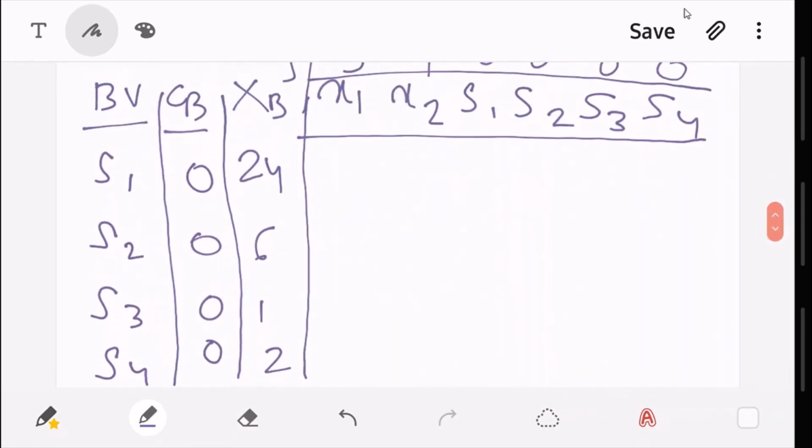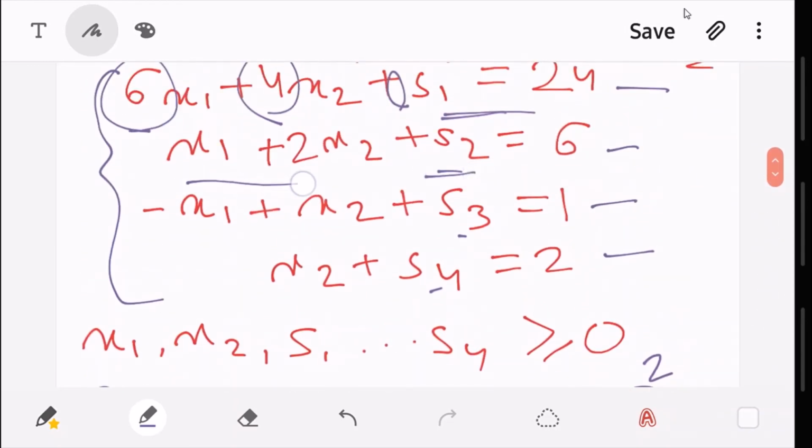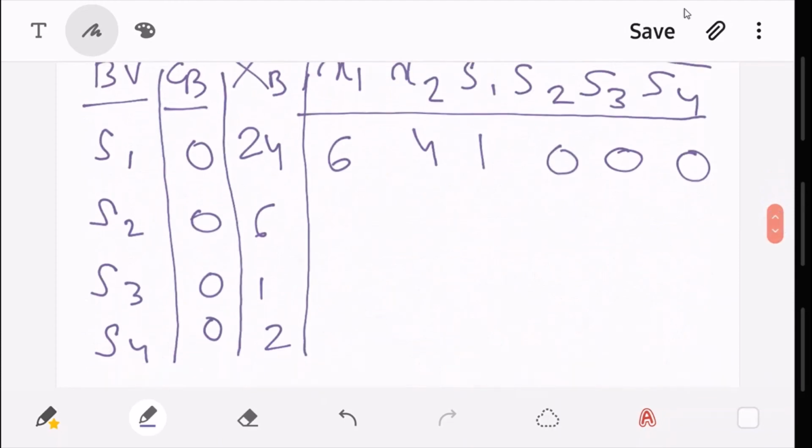So it is 6, 4, 1, 0, 0, 0. S2 is associated with the second constraint, therefore 1, 2, 0, 1, 0, 0.